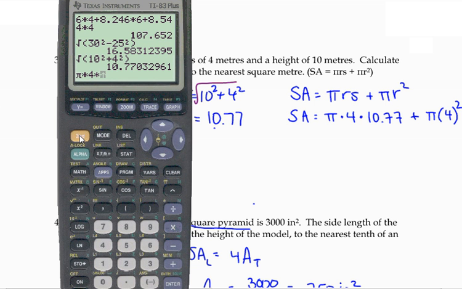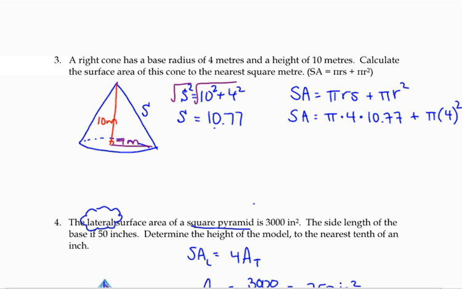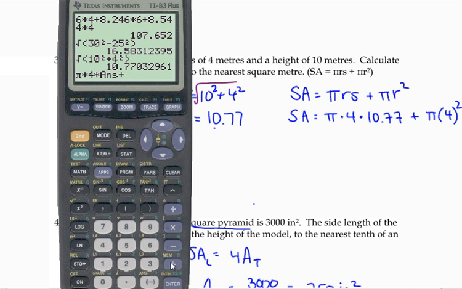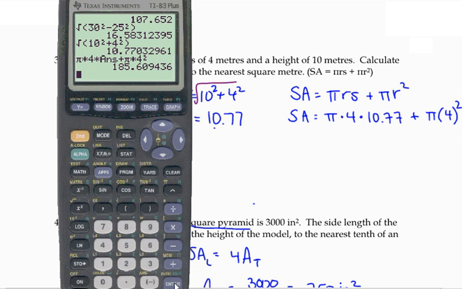Second negative will give you the previous answer. Plus pi, second hat, times 4, and then the squared button's right there, 4 squared. Okay, 185 to the nearest square meter, 186.